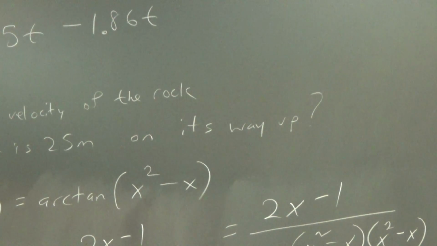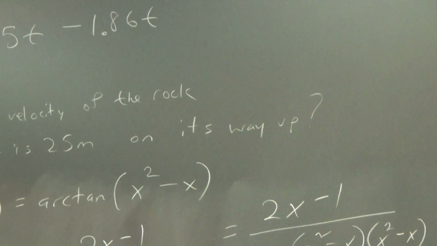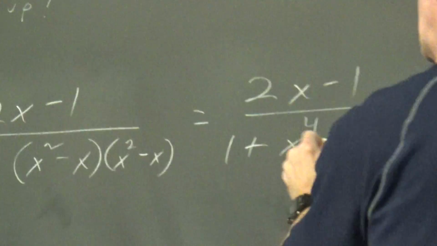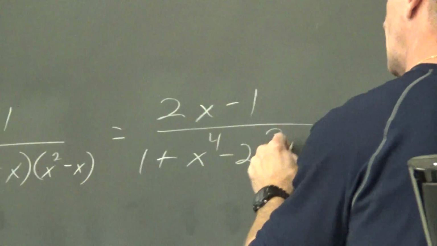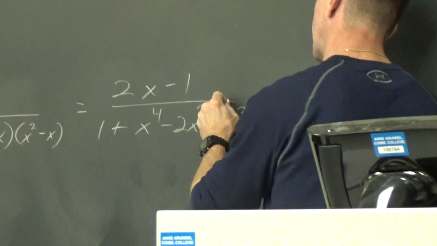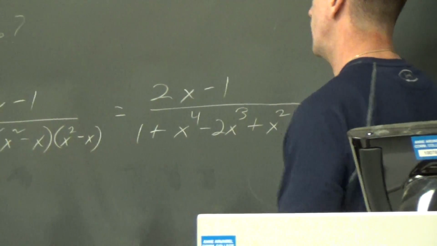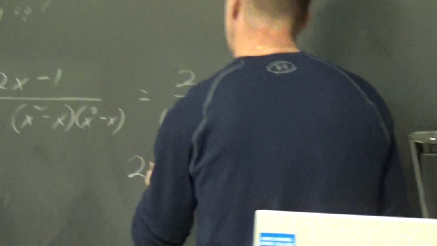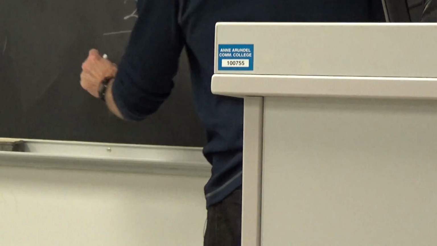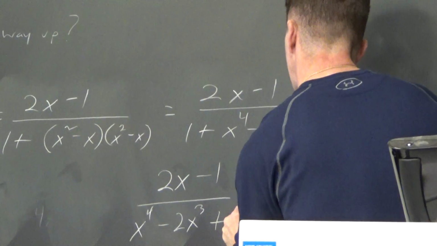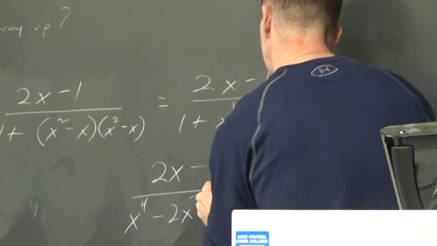All right, 1 plus x to the 4th minus 2x cubed, we're foiling, plus x squared, right? And we get 2x minus 1 all over x to the 4th minus 2x cubed plus x squared plus 1.